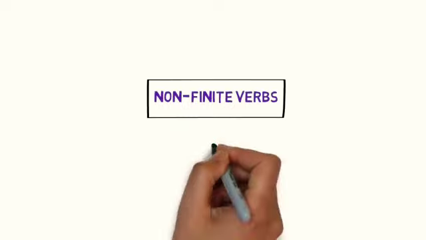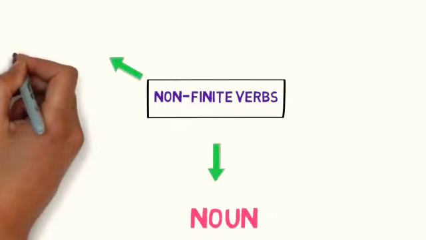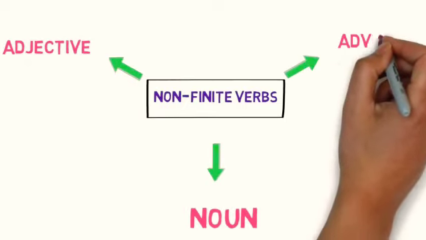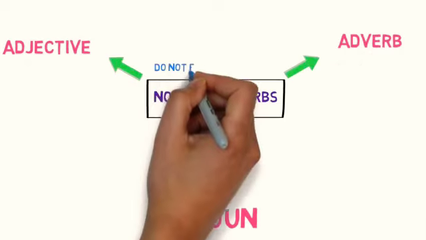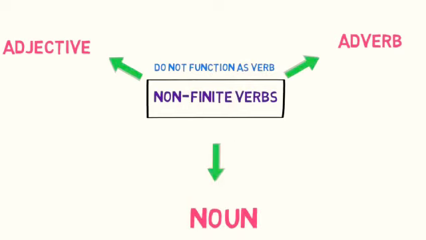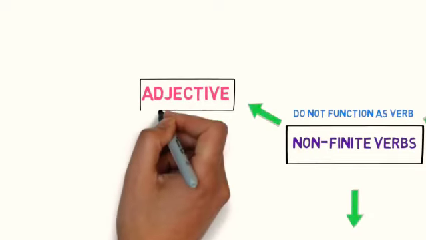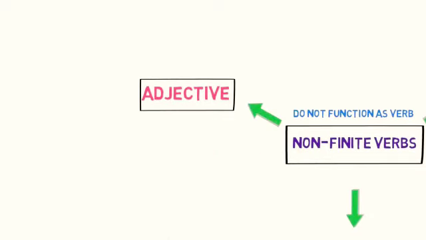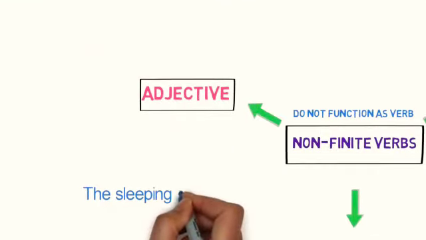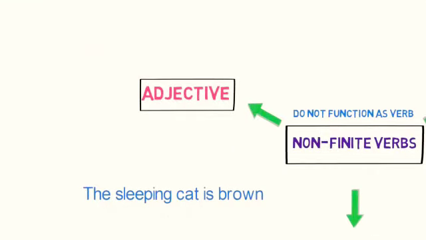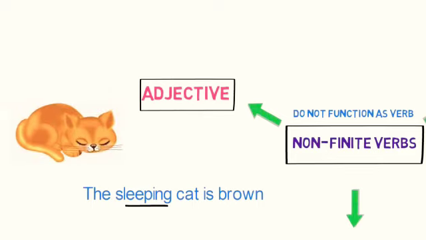Let's understand their usage. Non-finite verbs function as a noun, adjective or adverb in the sentence. They do not function as a verb in the sentence. Let me explain their functionality as an adjective with an example. The sleeping cat is brown. Here, sleeping functions as an adjective in the sentence as it describes the cat.